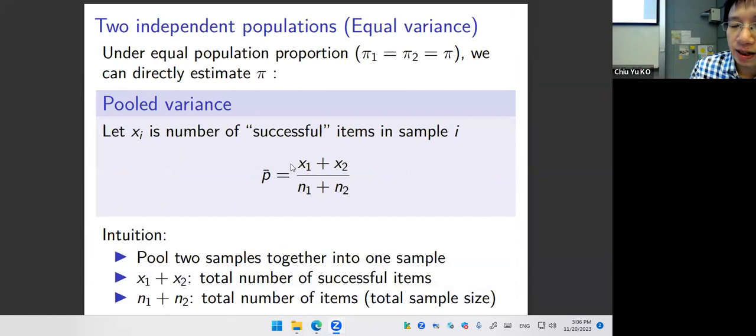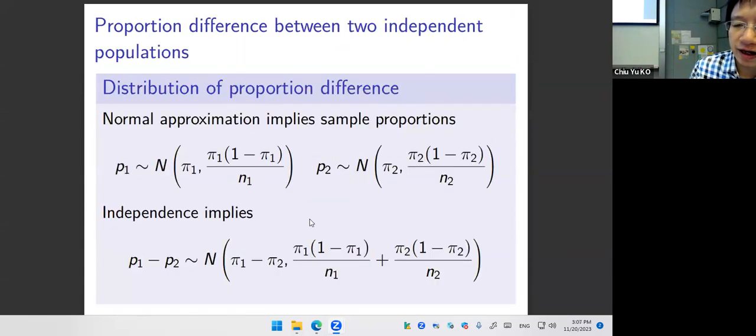And the question lies in the fact that if they're the same, under the null, if pi 1 equals pi 2, so go back to here.